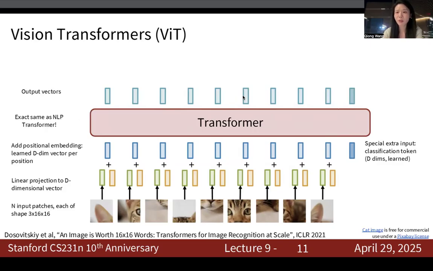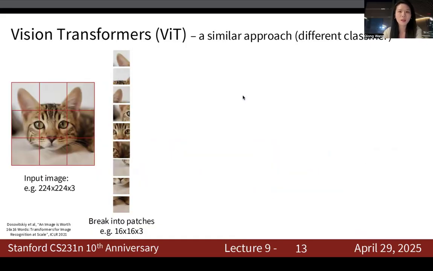We give a special extra input, a classification token, in the end, and then we apply a linear projection into a C-dimensional vector of the prediction class scores. This is a simple approach.